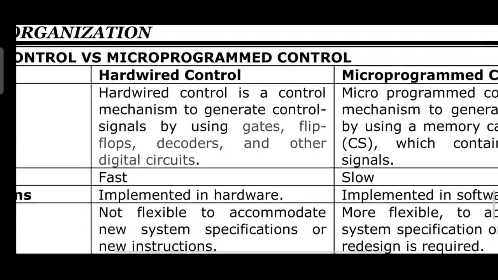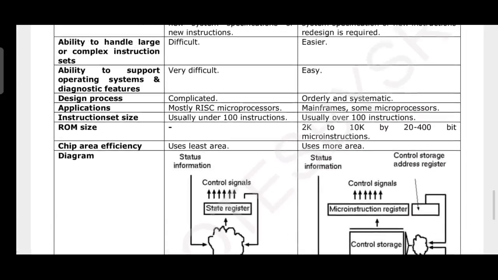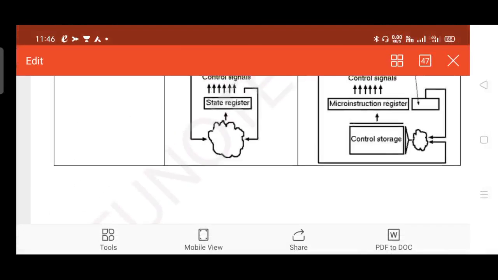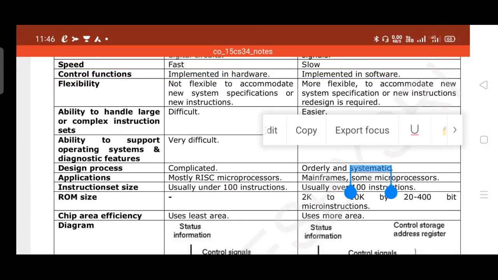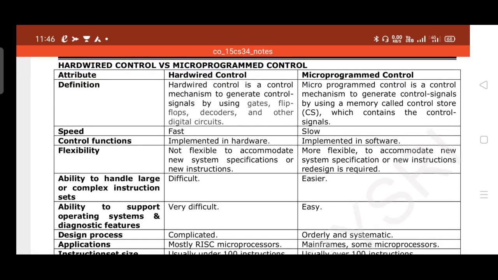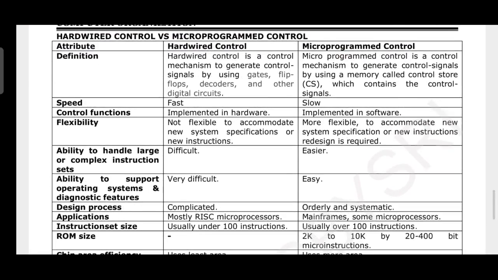We have microprogrammed control as well. Here is the difference between hardwired and microprogrammed control. Please go through the difference table. Here is the table. Compared to hardwired control, we feel microprogrammed control is much easier to implement.